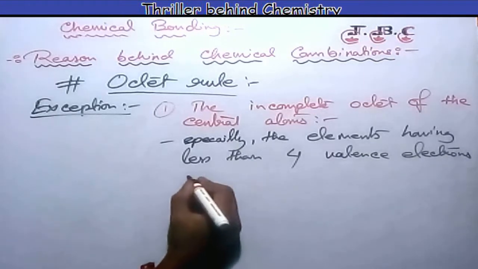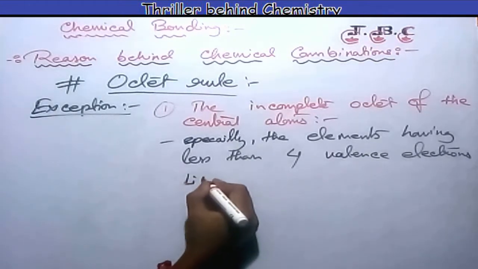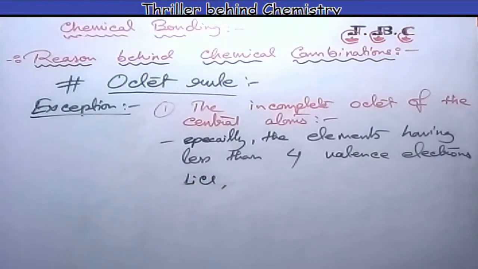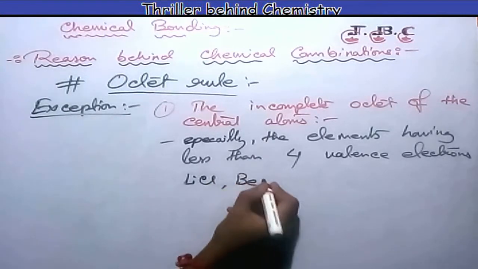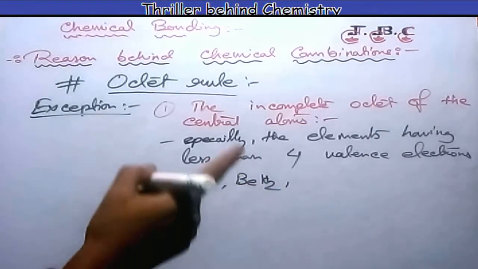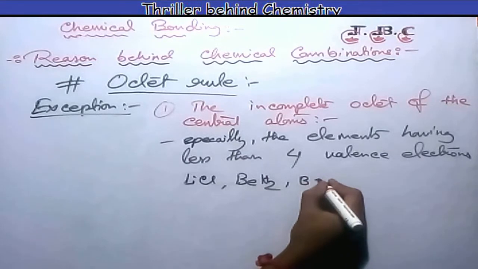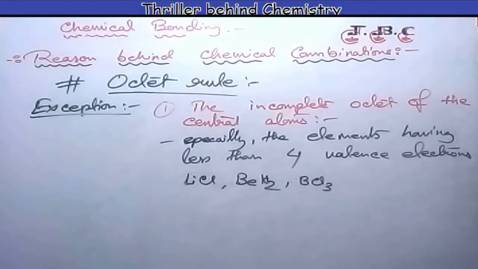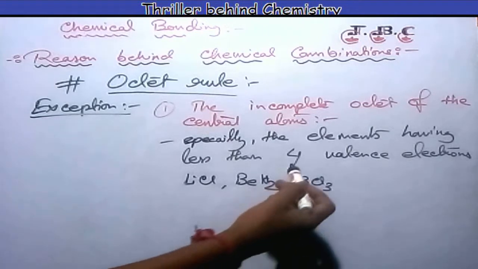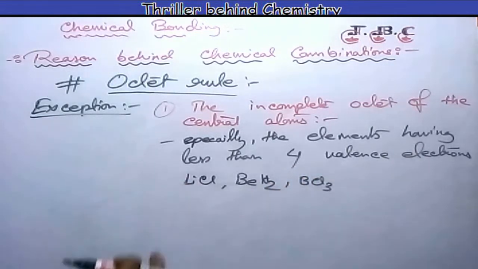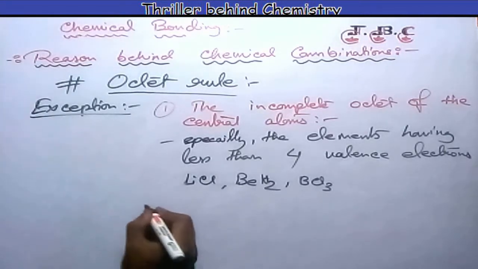For example, lithium chloride, BeH2 or boron BCl3. In isolated lithium, that is, in free atoms of lithium, there is only 1 electron in the valence shell, so less than 4 valence electrons, and chlorine has 7 electrons but shares only 1 electron.